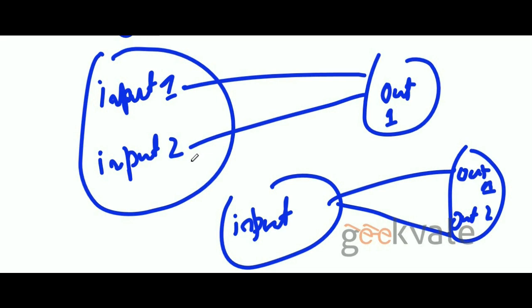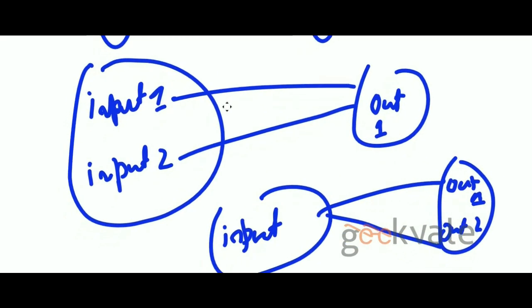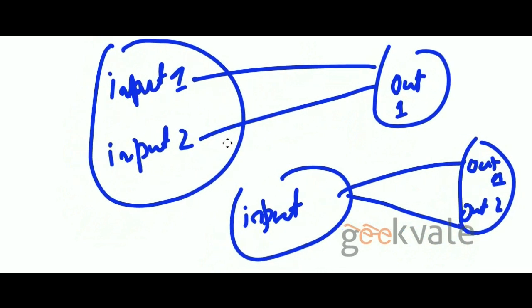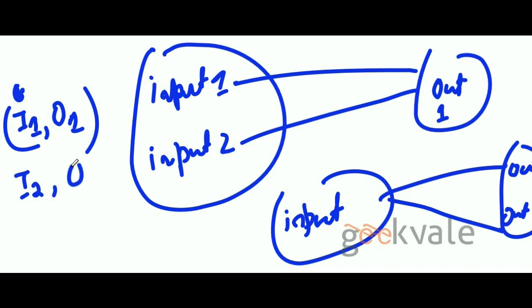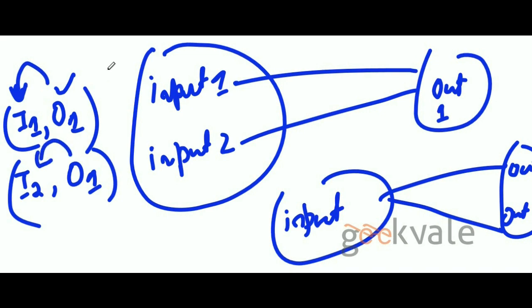Why? Because every ordered pair of the function must have a unique input, or in other words, we can say that every output must have a unique input. If we write it down in ordered pairs, it would be represented like (input 1, output 1) and (input 2, output 1). Now if you look, output 1 has a unique input here as well as here, right?